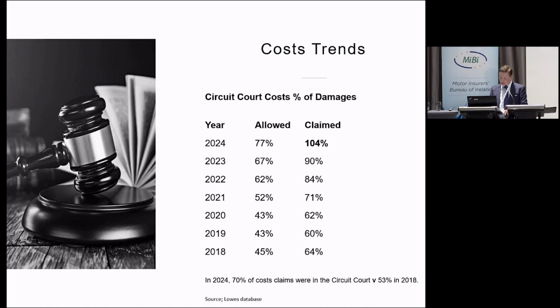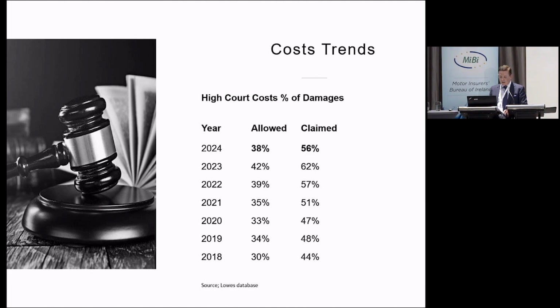And just to complete the picture, let us look at the High Court then as well. So the High Court hasn't been so materially different. However, the trend is in a certain direction.